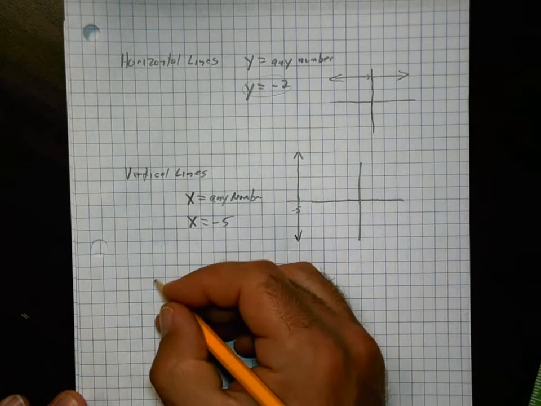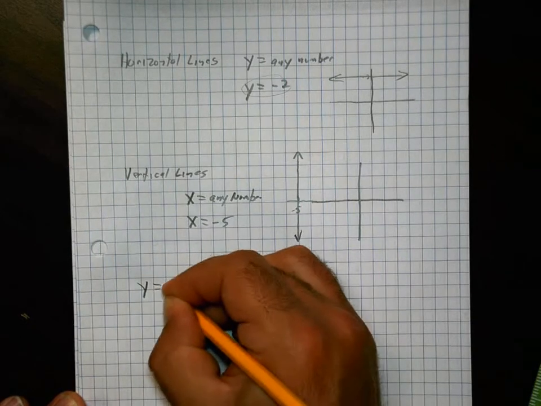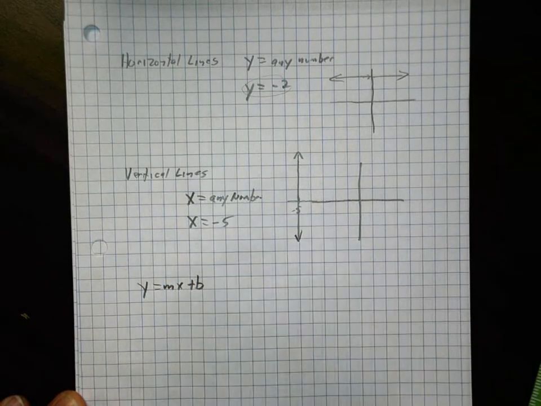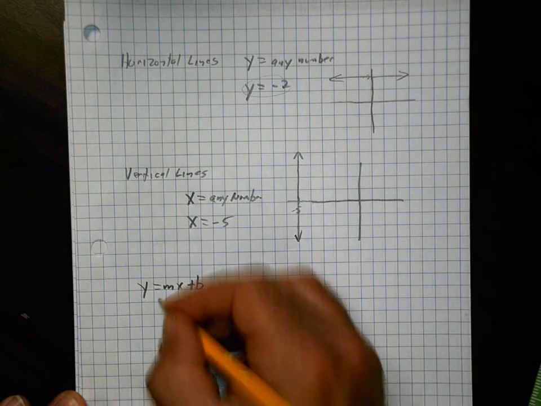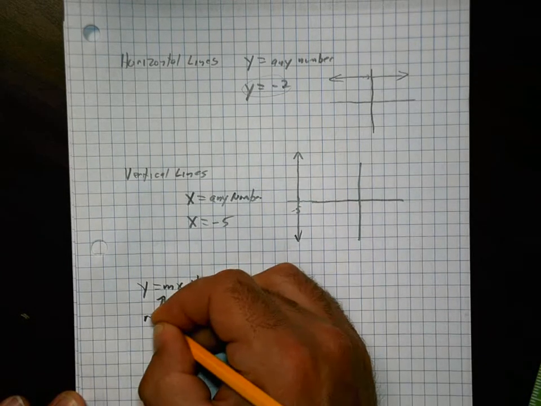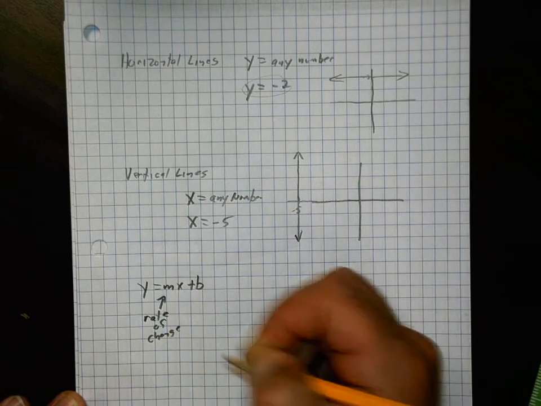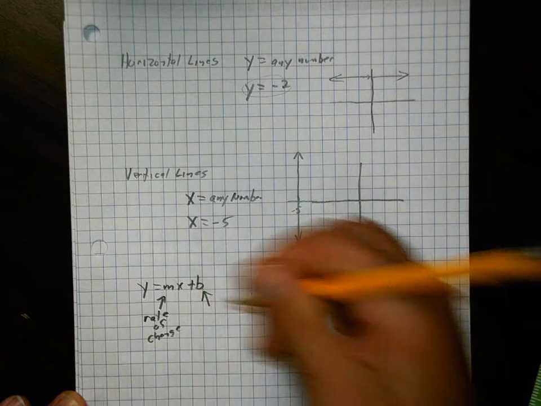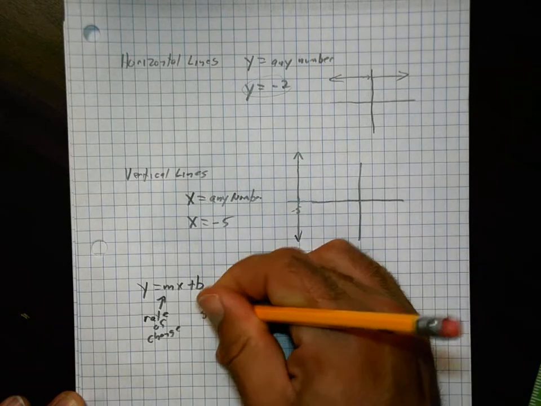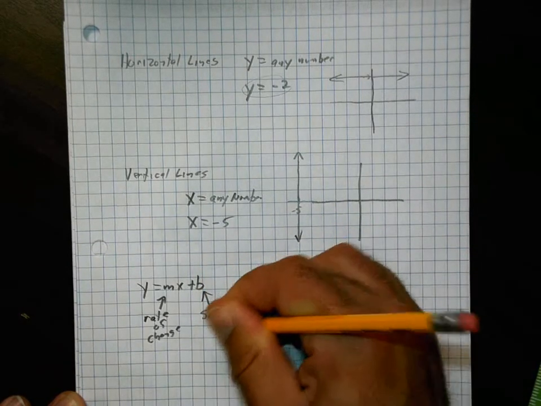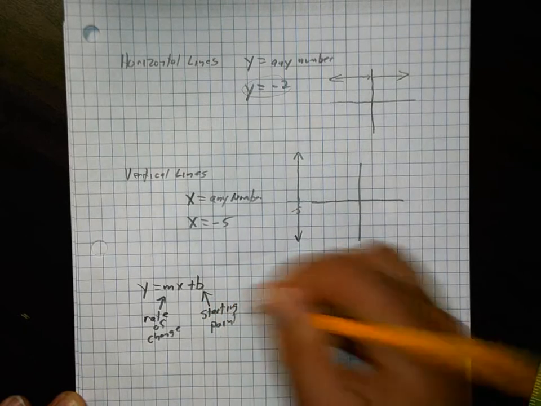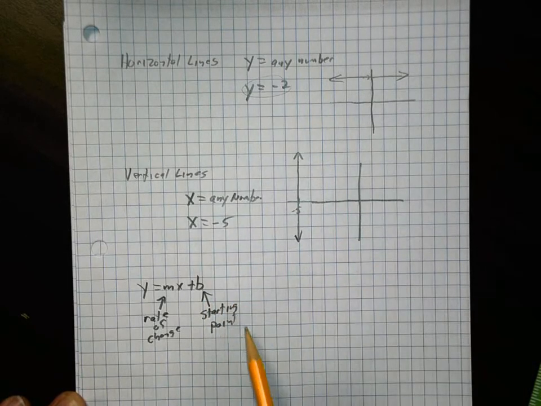Last thing, and you've probably seen this before, y equals mx plus b can be used to model constant rate of change problems. Slope is the rate of change, and the y-intercept is the starting point, or the initial cost, or something like that.